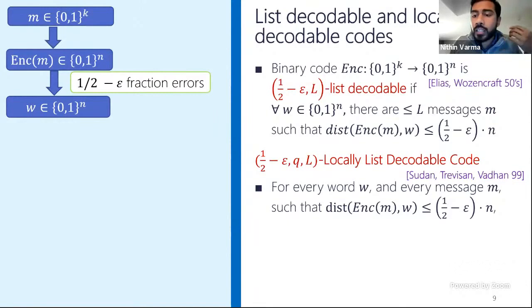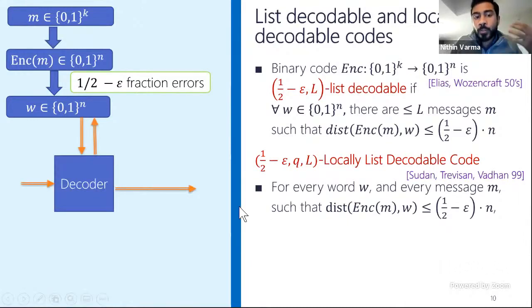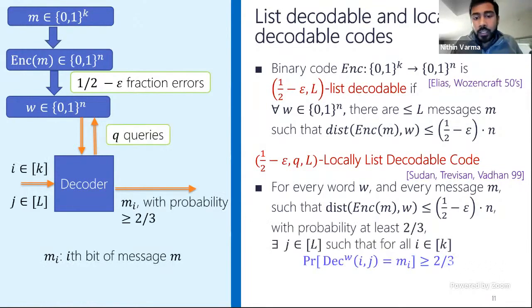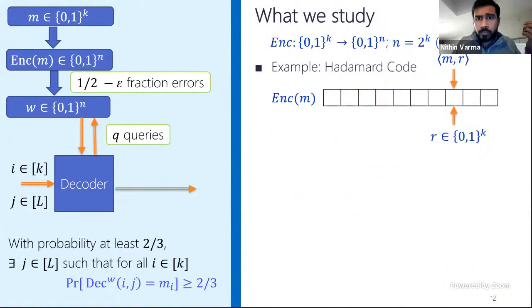For every word and every message M, such that the encoding of this message is close to the word, when you're given query access to the word, there exists some advice that your algorithm gets such that for every message coordinate, you output the bit of the desired message at that coordinate with probability at least 2/3.